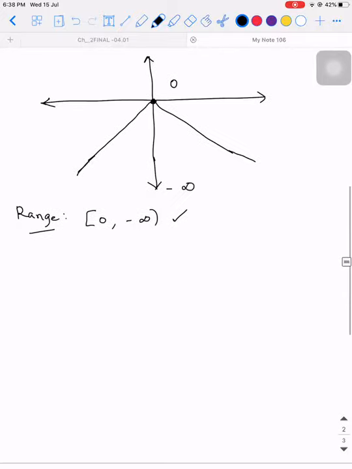Next, what is the next question? F of x is equal to root of 9 minus x squared. Can someone tell me how to proceed with this problem? We use a squared minus b squared.